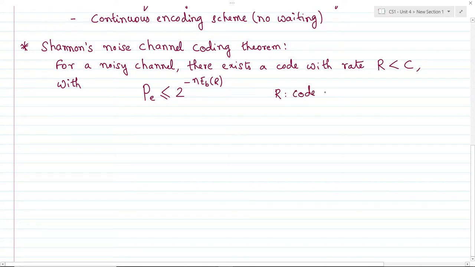We'll define this code rate, because this code rate is defined separately for block codes and convolution codes, but this expression is common to both types of coding schemes.